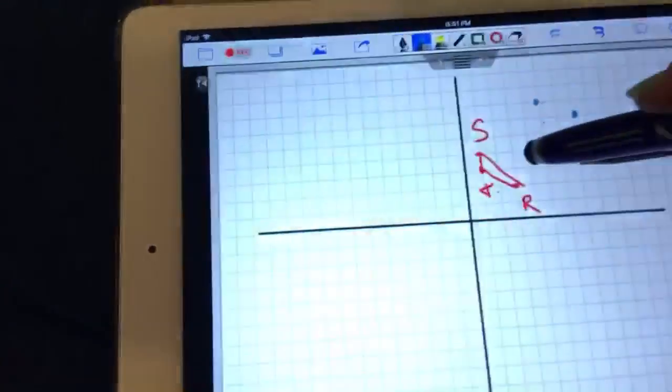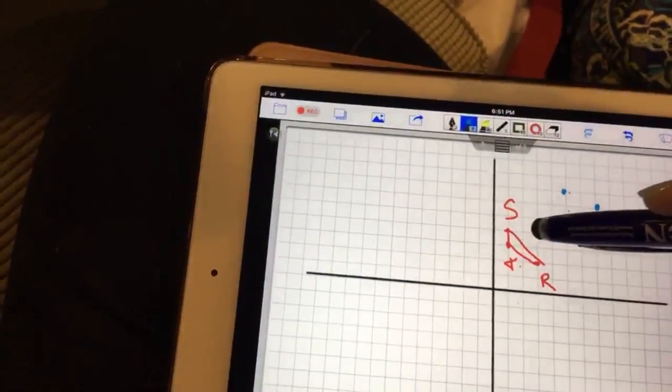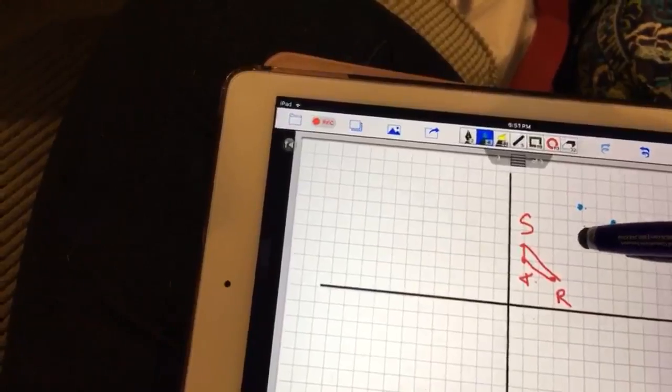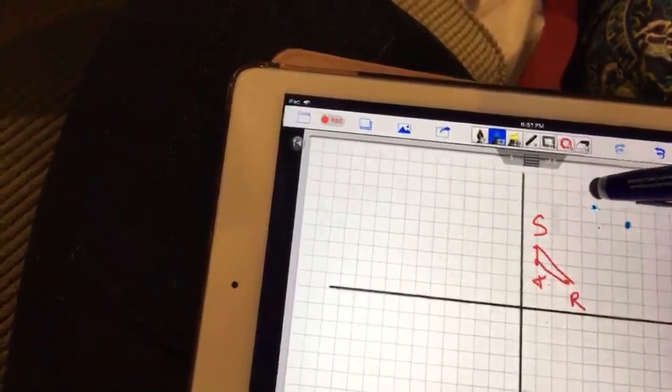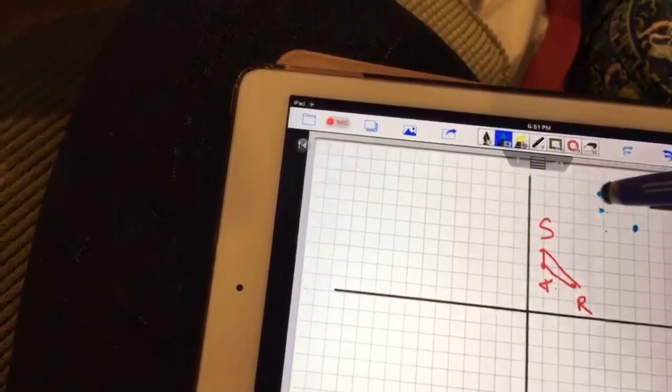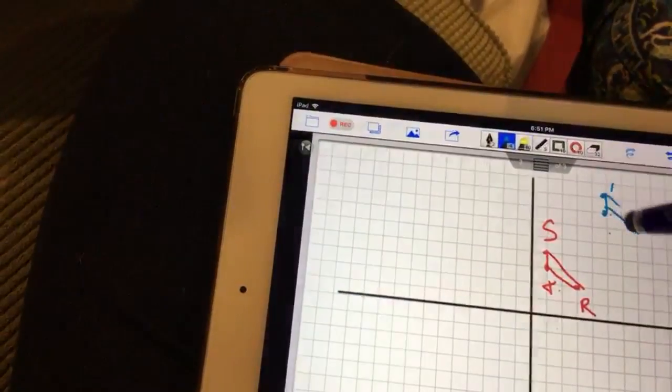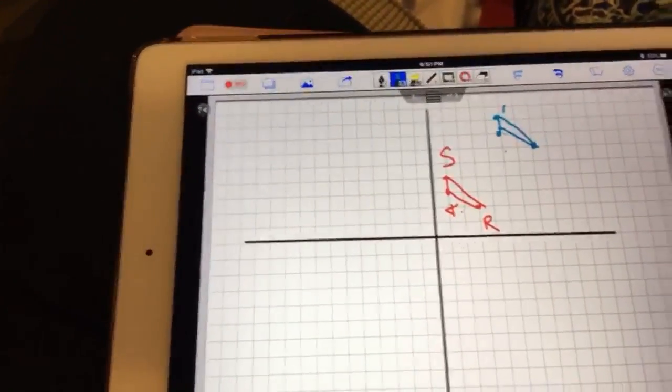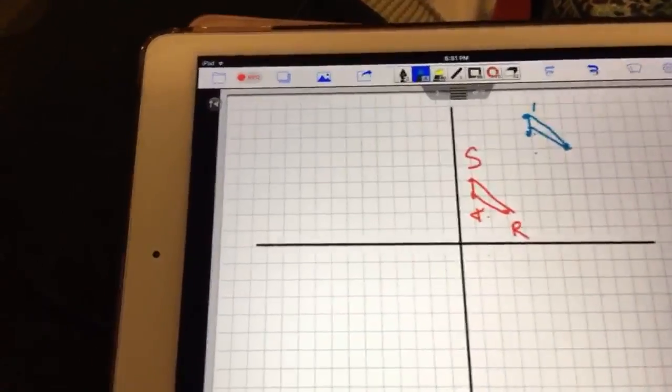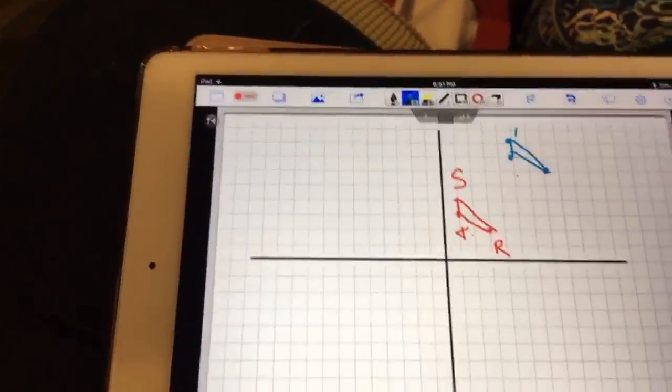Oh no, that is right. And then 1, 2, 3, 4. Okay, that's a terrible drawing, but all right.